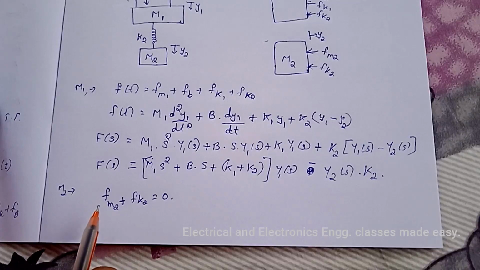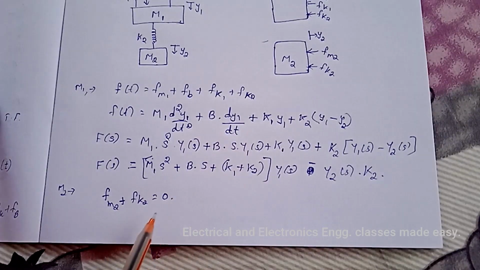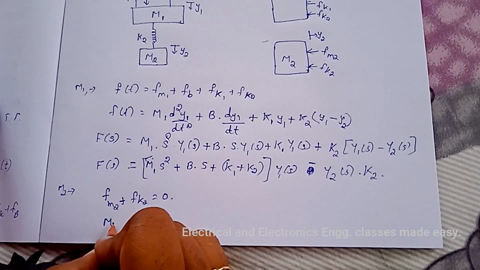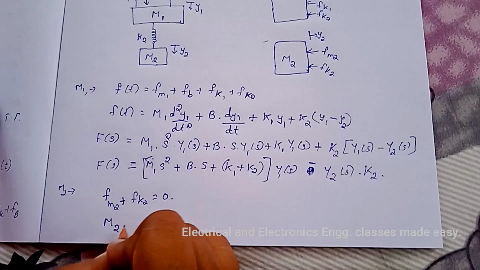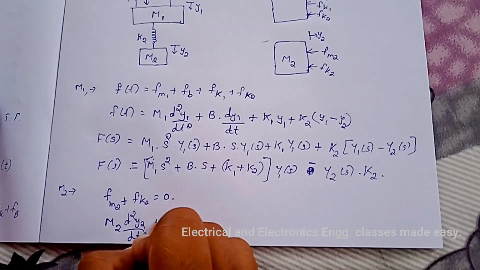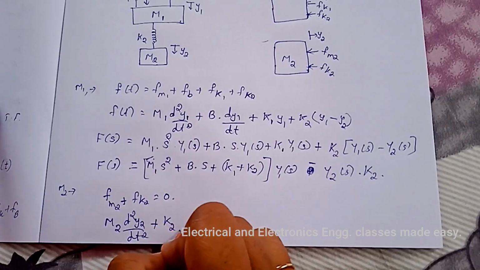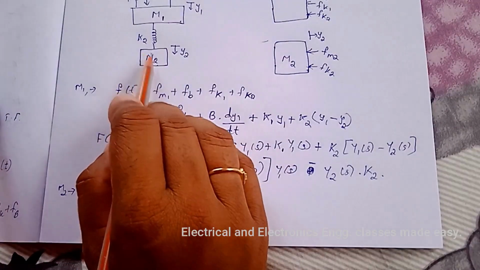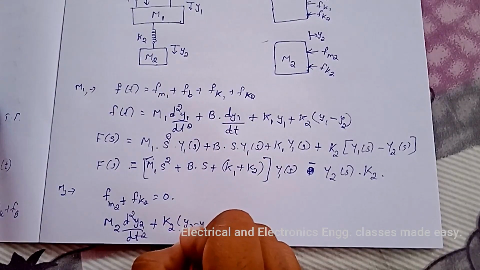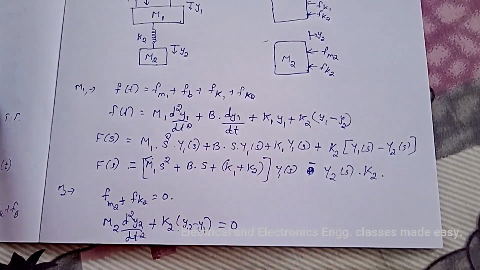So FM2 is m2 into d square y2 divided by dt square plus k2 into y2 minus y1 equal to 0.